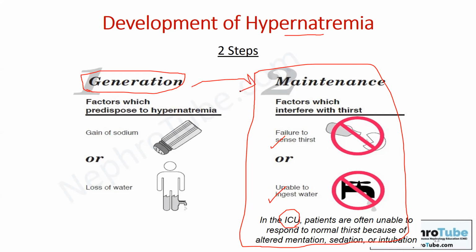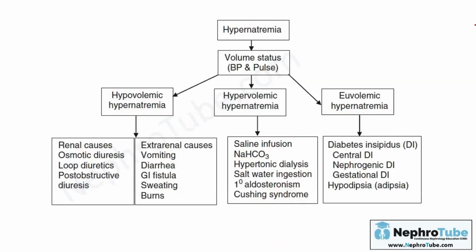There must be the maintenance phase, which is a problem in fluid intake. So all the causes of hypernatremia at the end will cause it by one of 2 mechanisms, either loss of water or gain of sodium.